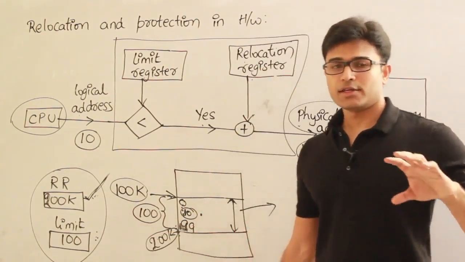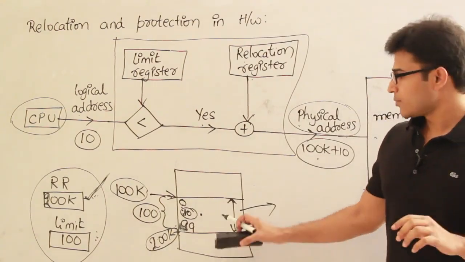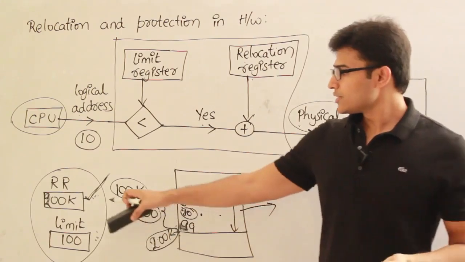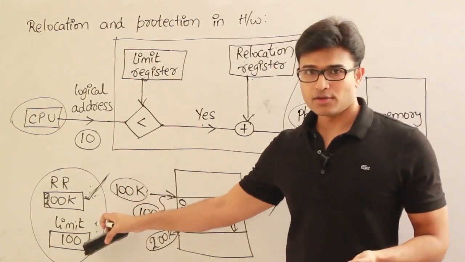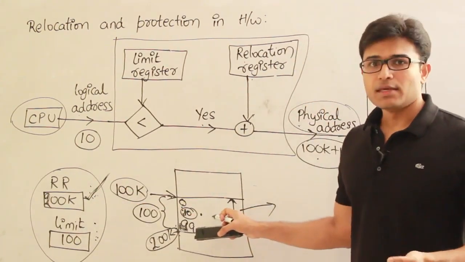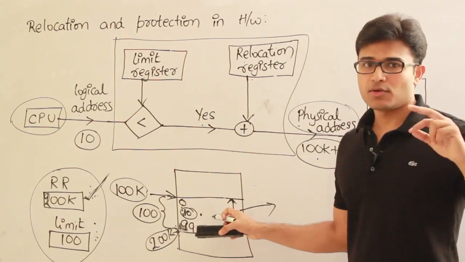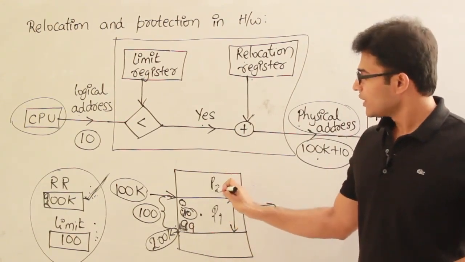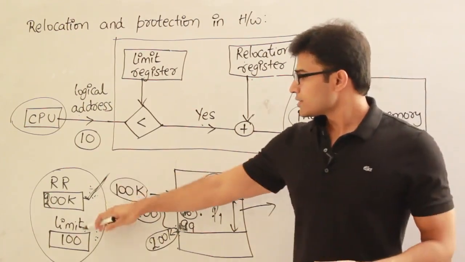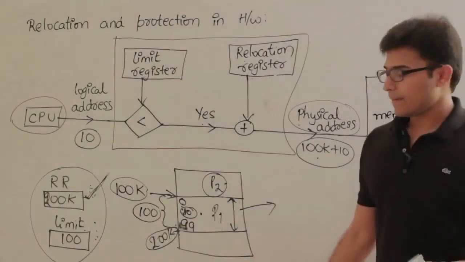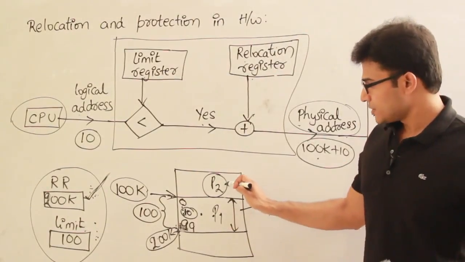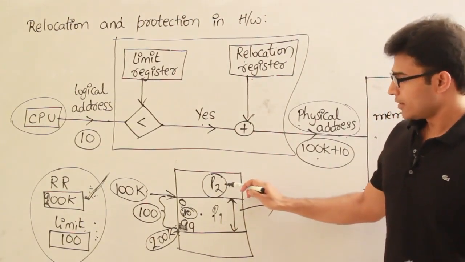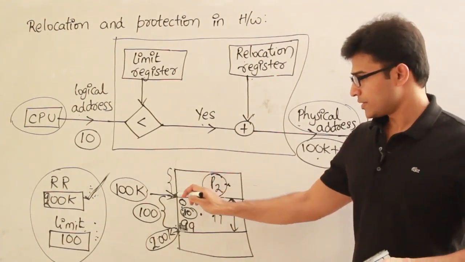So these two registers are under the control of the operating system, and they will be set whenever a process is running. Let us say the CPU is running process P1, then these two registers will contain the corresponding values of process P1. Whenever you switch the context from P1 to P2, these registers will also be changed according to the locations in which P2 is present.